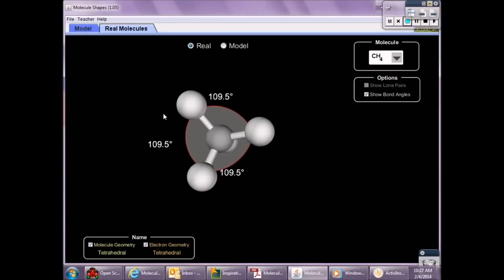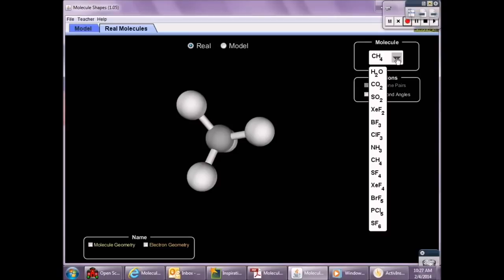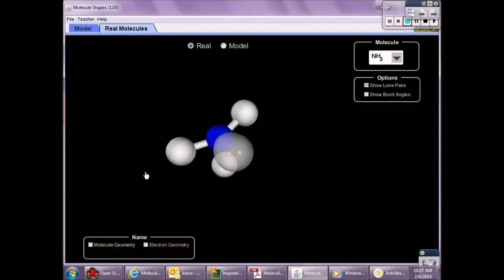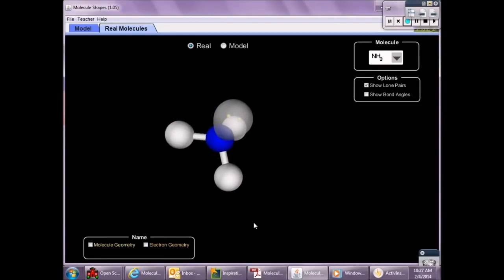All right, let's choose another one. We are coming to water, but not yet. Let's go with this one. What is the general formula for this one? It is AB3E. Let's see who can come up with the electron domain.